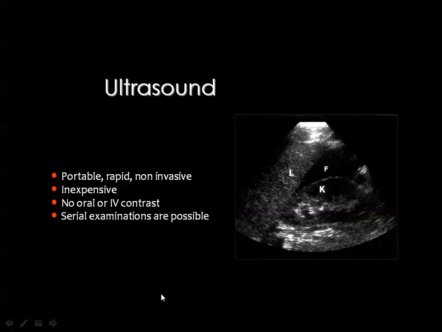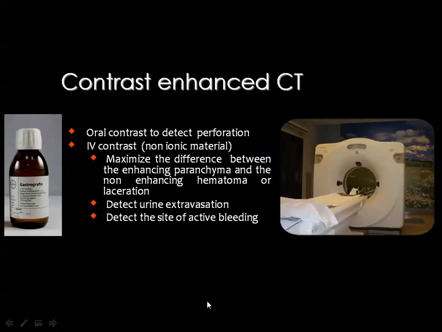And of course, you should know that the most dependent part in the abdomen while the patient is lying on his back is the Morrison pouch, while the most dependent part in the erect position is in the pelvis.